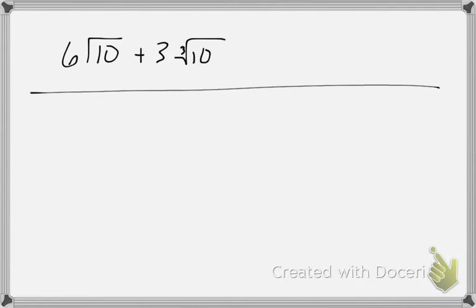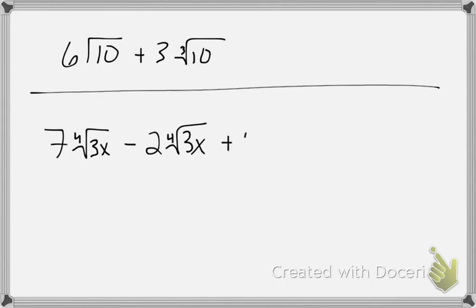What if we have 7 fourth root of 3x minus 2 fourth root of 3x plus fourth root of 3x. You guys agree?